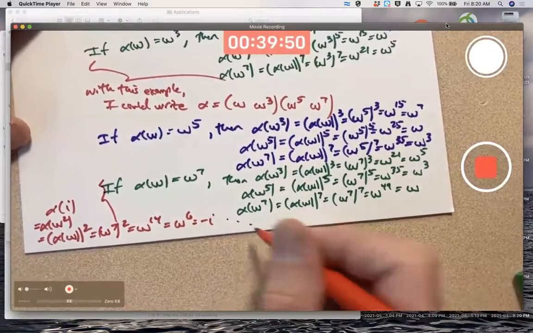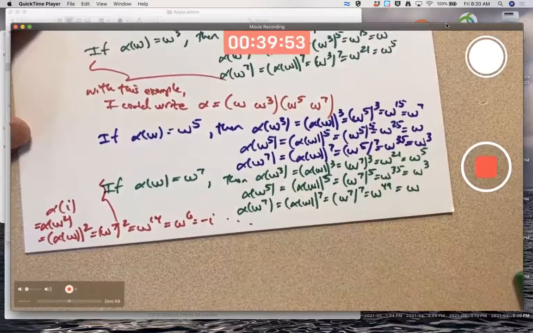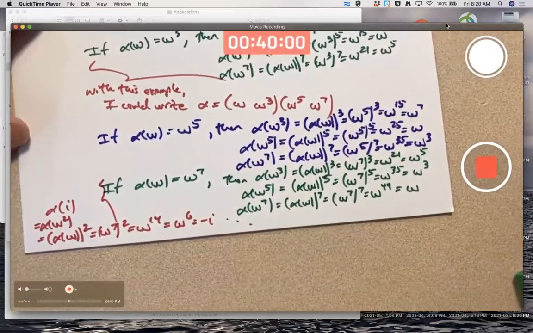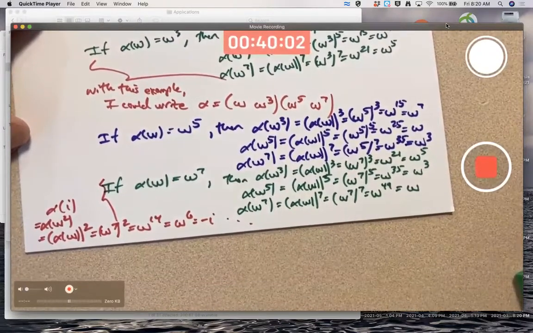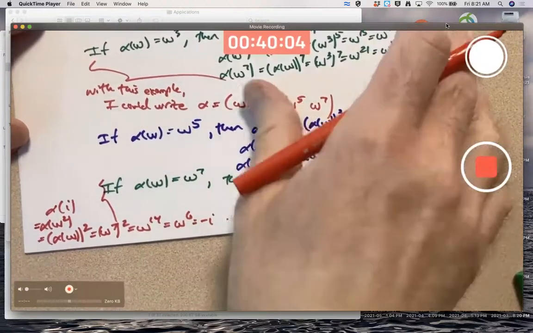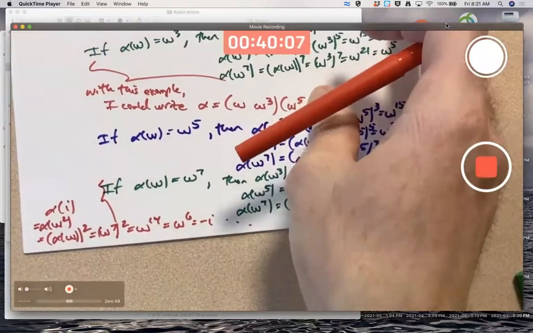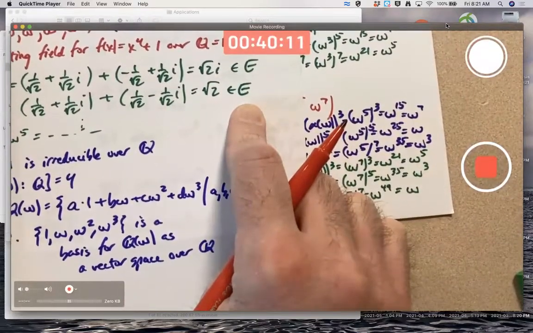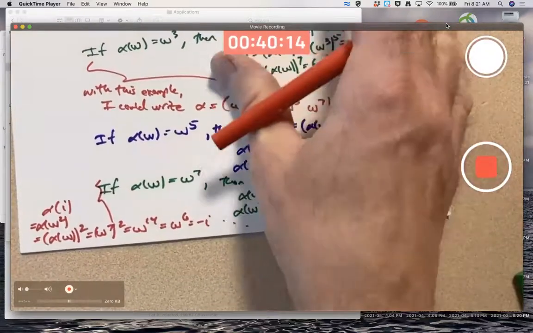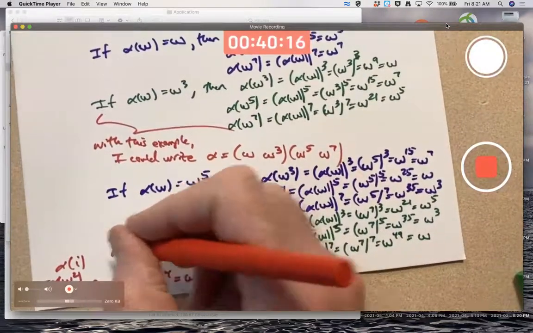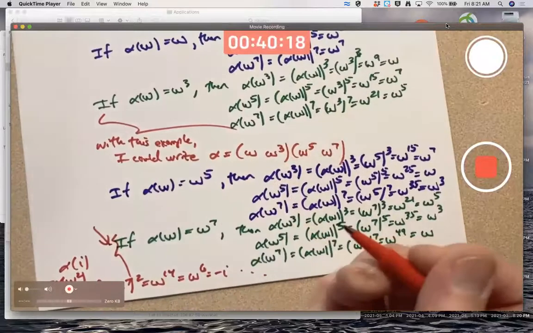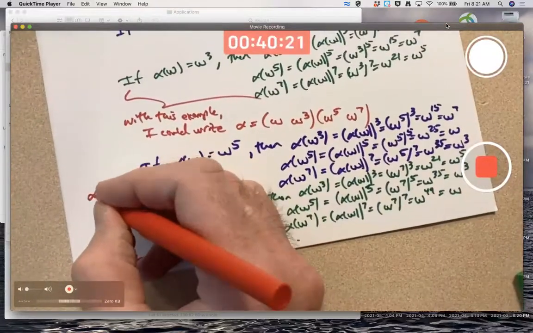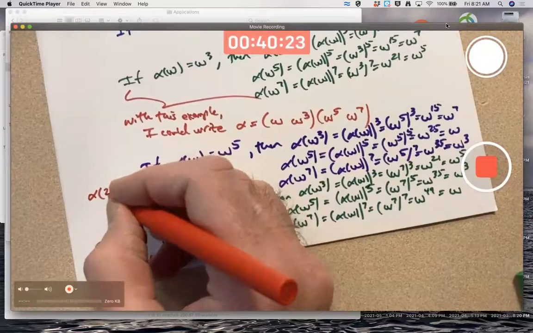And I could keep going. I could do lots of other calculations. Can we figure out what the square root of 2 gets mapped to? Which might be a good thing to know because square root of 2 is in E. In, say, this case here, maybe to help us, we want to figure out what 2 gets mapped to.